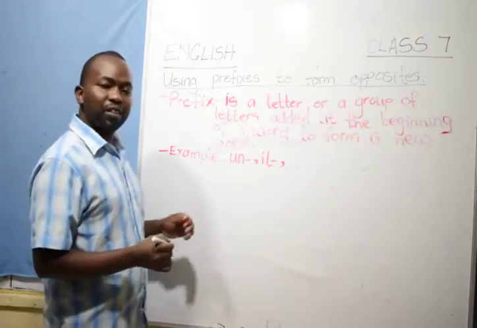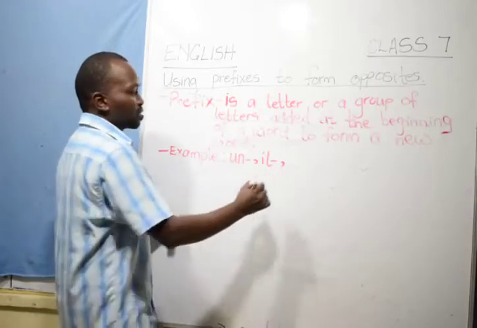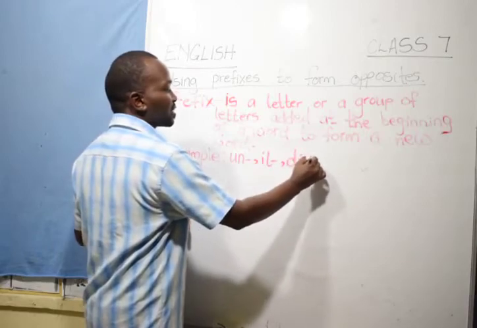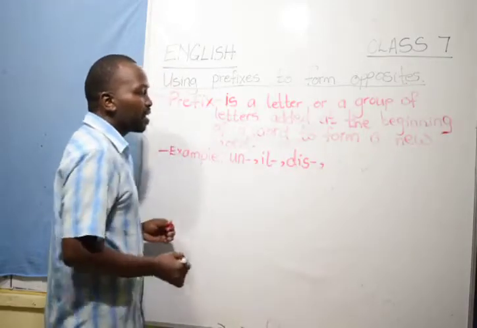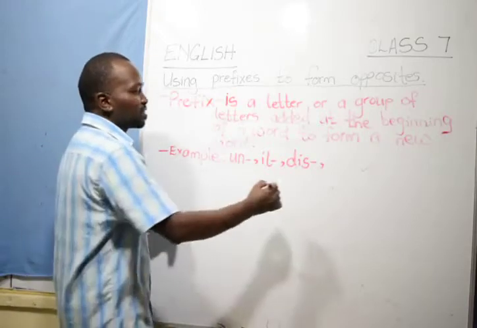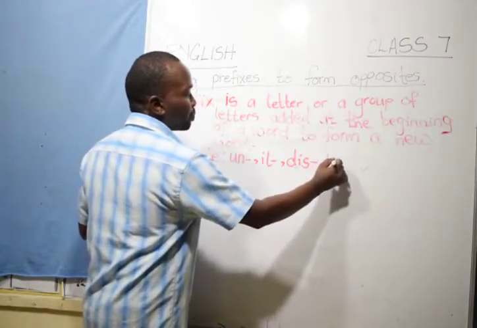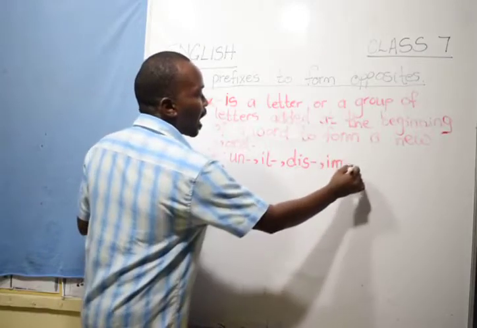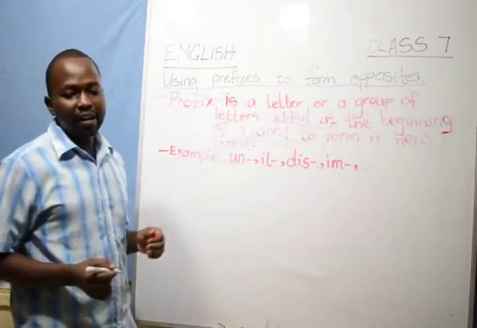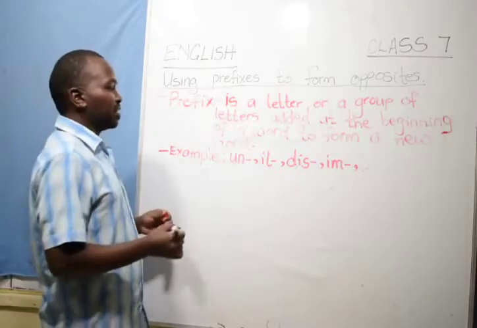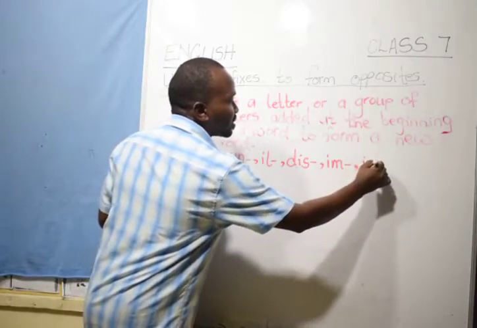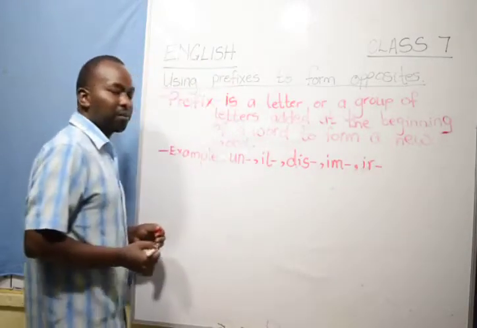Another prefix that you may think of, yes, we have a prefix dis, dis. Yes, another prefix is im, prefix im. Any other prefix that you have? Yes, we have prefix ir, that is ir.